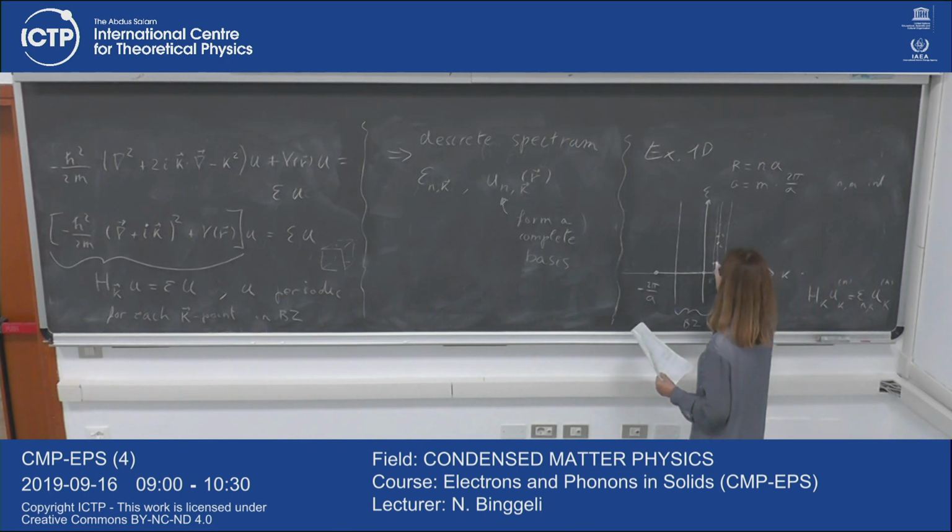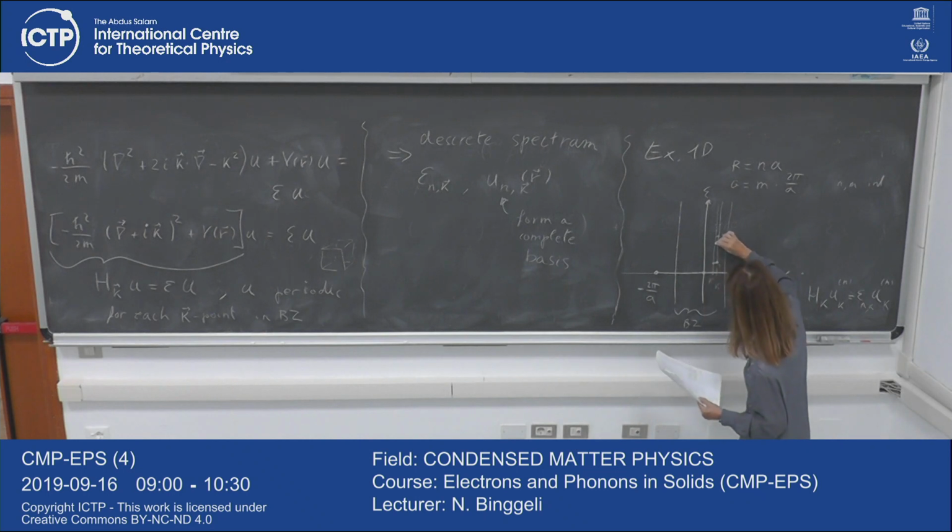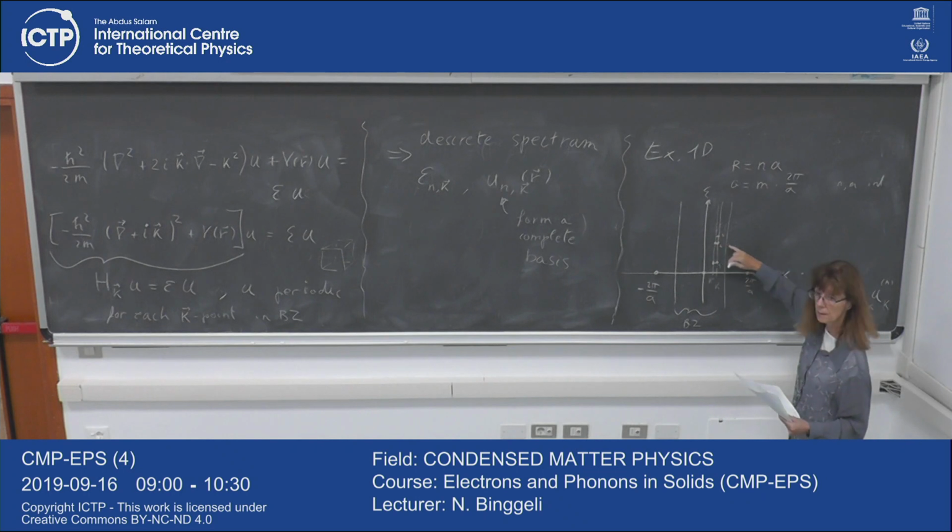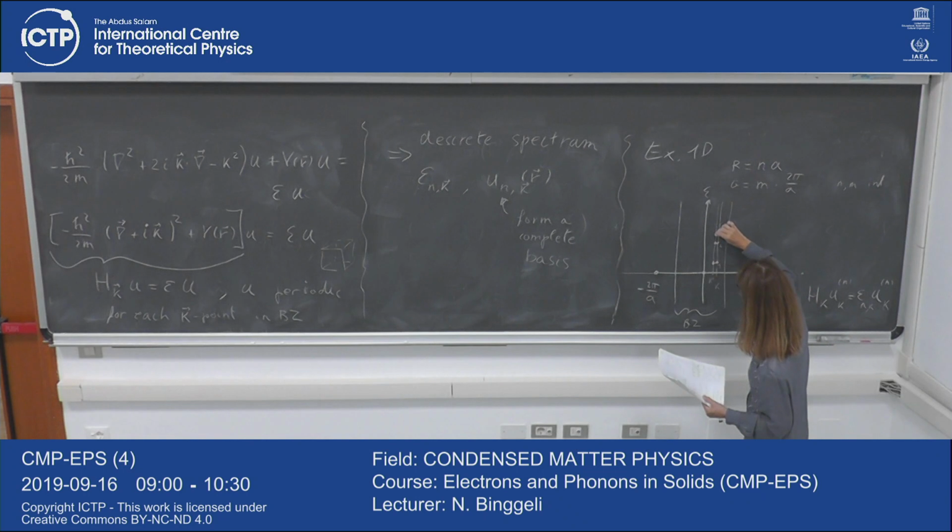So I will have another spectrum here, but I know that the energies are going to be very close because they have to merge when K prime goes to K.